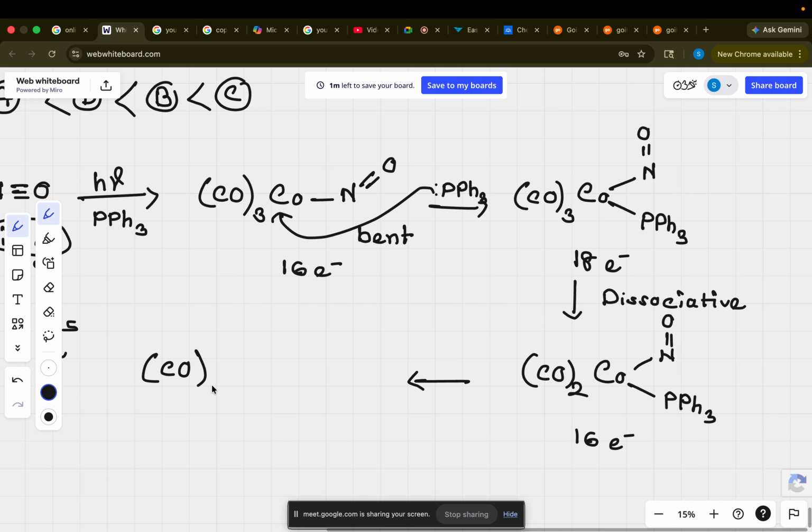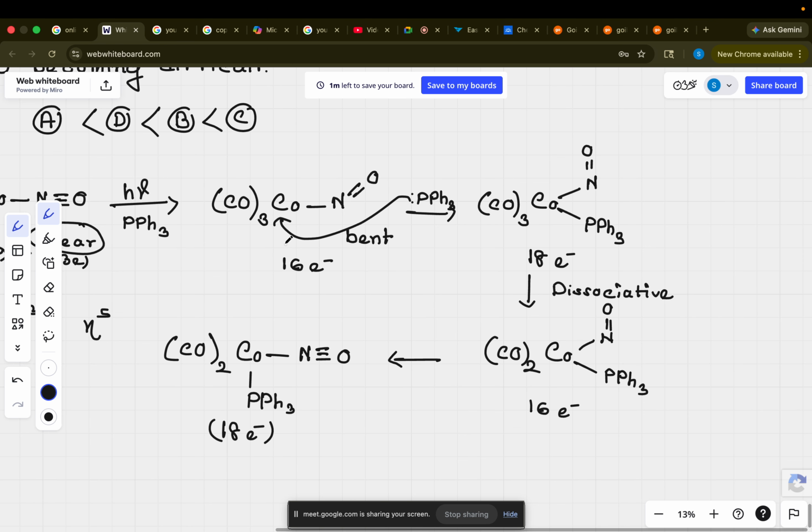The last step will be the bend coming back to its linear form. If it comes back to linear form, it is now donating 3 electrons, so it is again becoming an 18 electron species. That is basically the scenario. This example is clear?